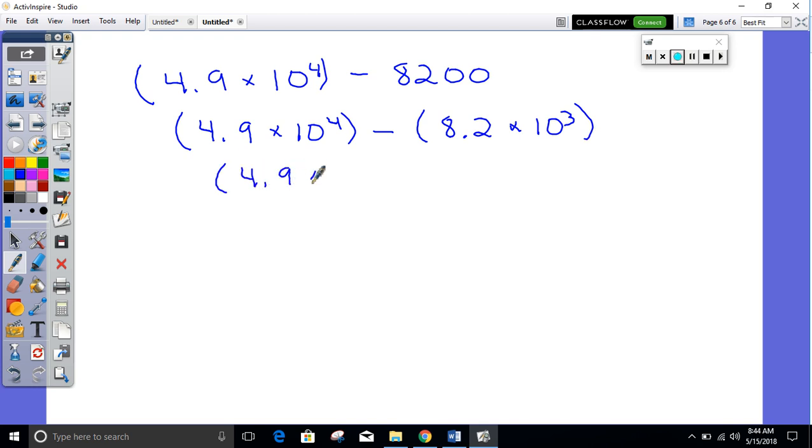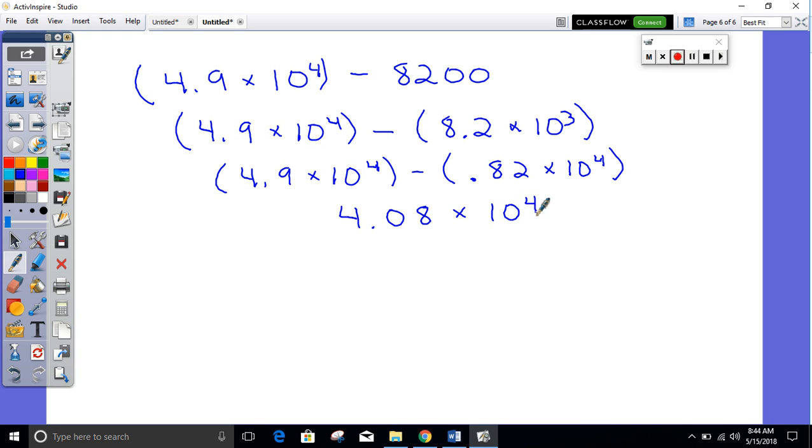And then I converted the 8.2 times 10 to the third power to 0.82 times 10 to the fourth power. Good. And then I subtracted 4.9 minus 0.82 and got 4.08 times 10 to the fourth power. Good. Okay. Any questions about that?